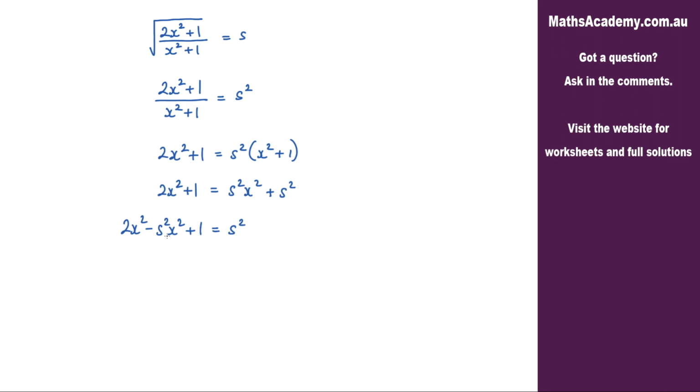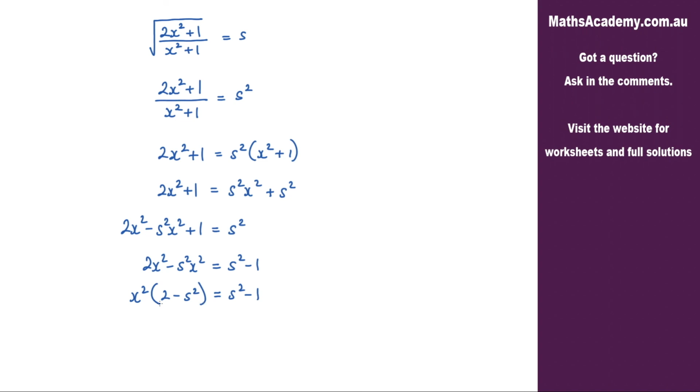We can then subtract 1 from both sides. So 2x squared minus s squared x squared is equal to s squared minus 1. We can then factor out the x squared from each term here. So x squared(2 minus s squared) is equal to s squared minus 1.